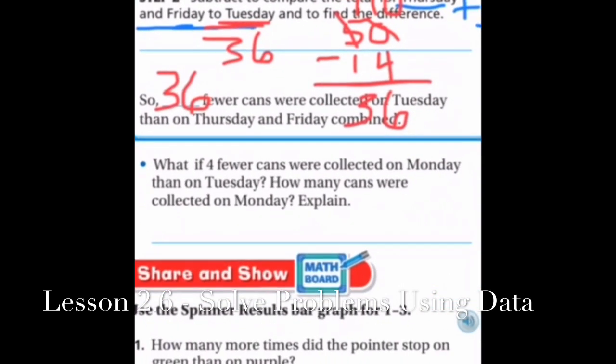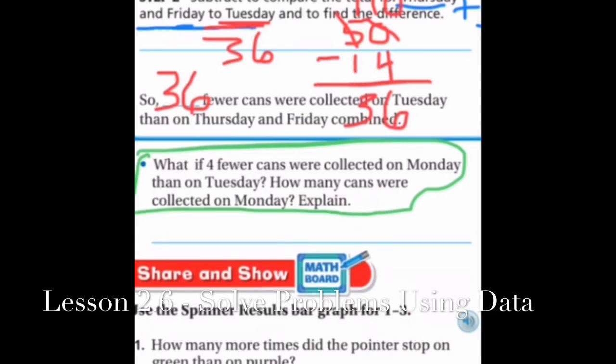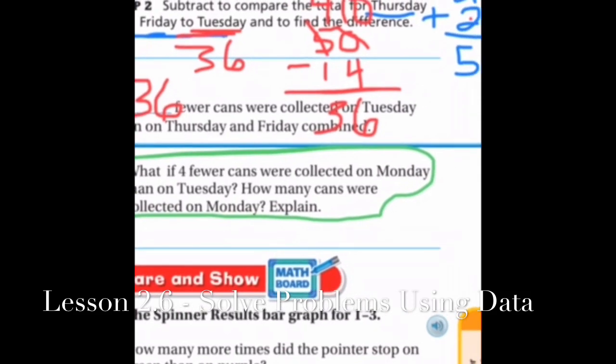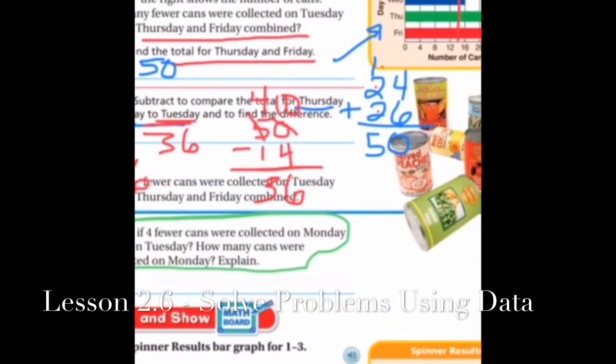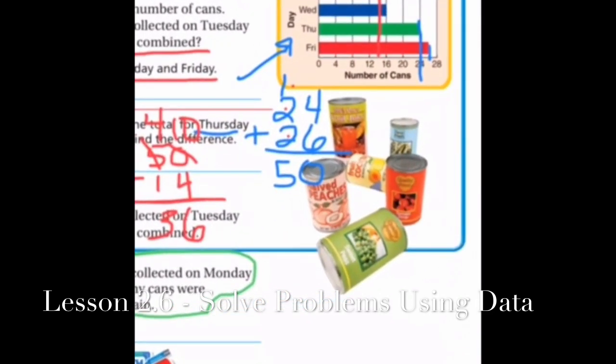We have a what if question down here now. It says, what if 4 fewer cans were collected on Monday than on Tuesday? How many cans were collected on Monday? So we have to go back up and look at our bar graph. It says 4 fewer cans on Monday than on Tuesday, so we have to look at Tuesday.